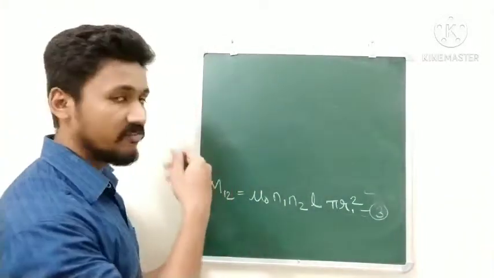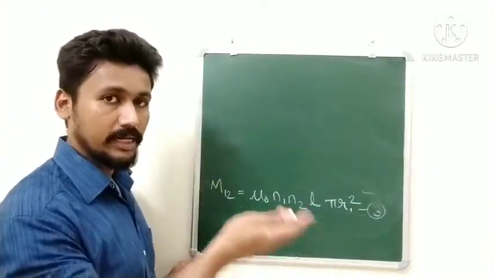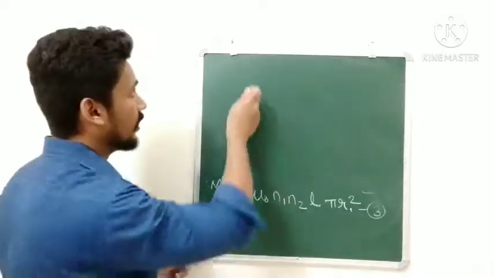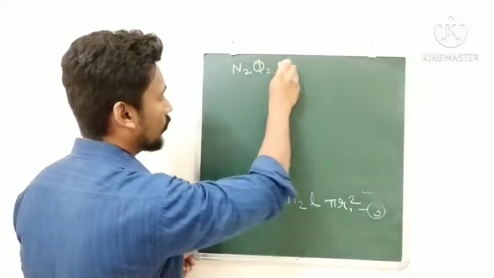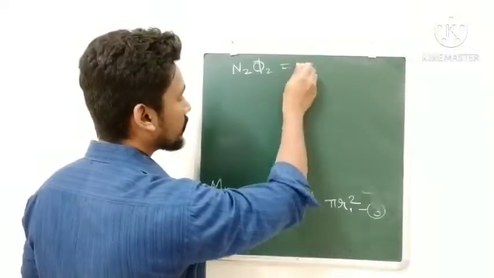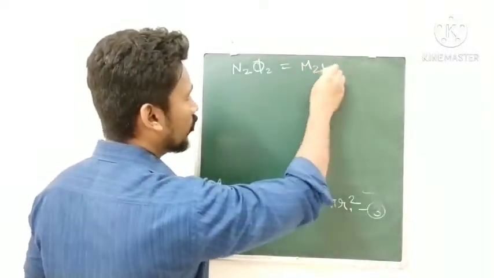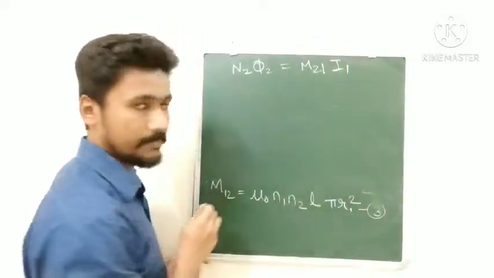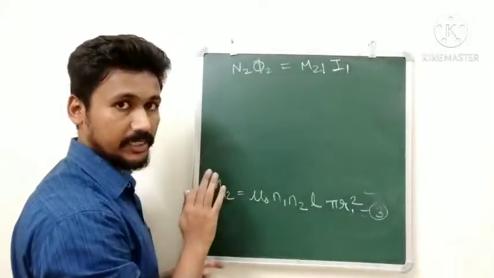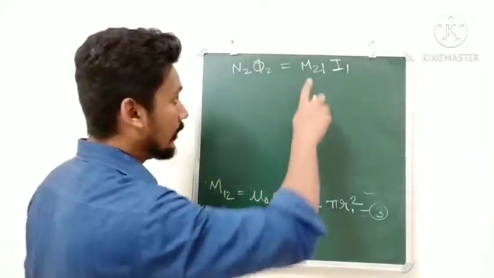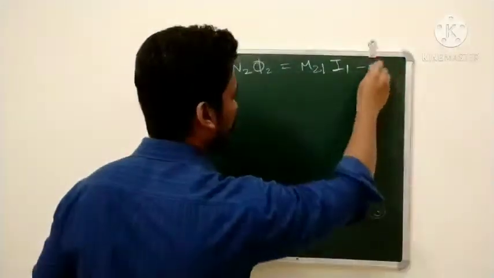So you can write flux linkage for second coil directly proportional to I1. Flux linkage for second coil you will write as N2 phi2 is equal to M21 I1. Okay, I am sure now you have followed how this equation has been written. We will call this as equation number 4.